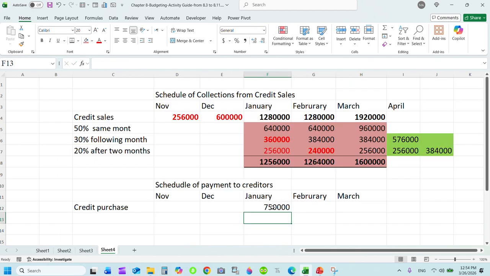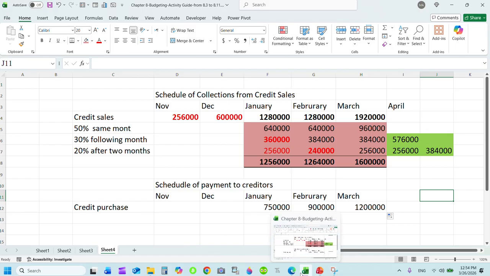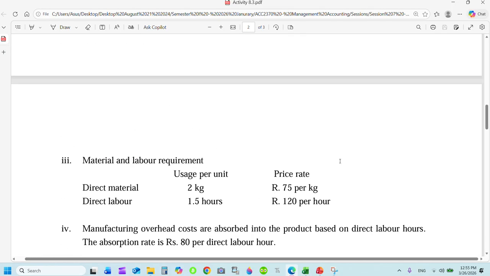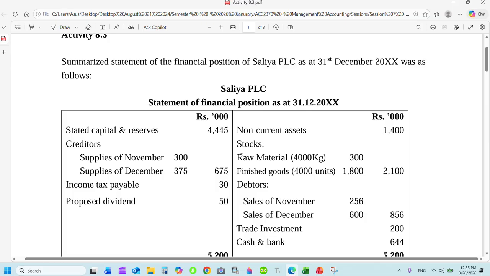So these are our credit purchase lines. And let's look at the opening creditor balance from the balance sheet or statement of financial position.